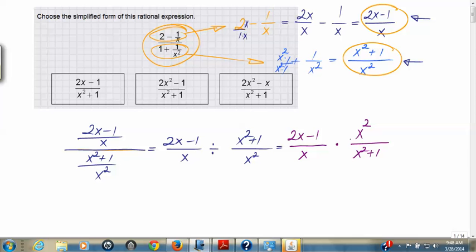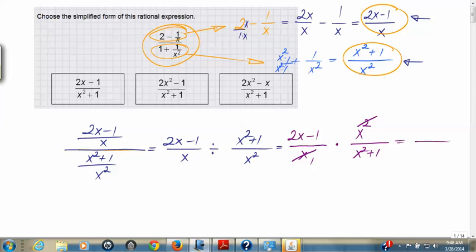Now, to multiply here, what do you notice? I have x squared and x at the bottom, which means I can simplify x and x squared. Basically, you're dividing each one by x. You have 1 here, you have x over there.